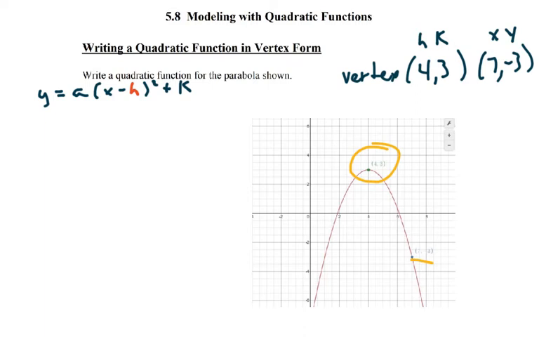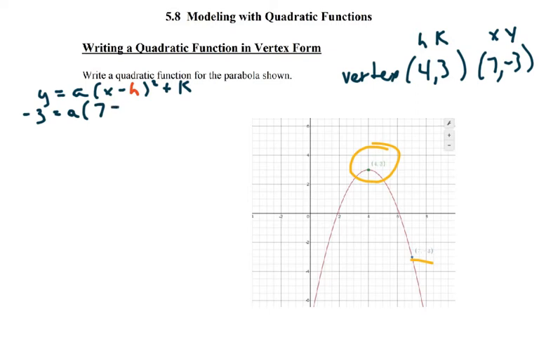All right, so what we're going to do is we're going to take these points, these h, k, x, and y, and we're going to plug those into our equation that we've set up over here. So let's just do that now. So we know y is -3, so this becomes -3. We do not know what a is yet. We know our x value there is 7 because it's given to us. Now we got a minus h.